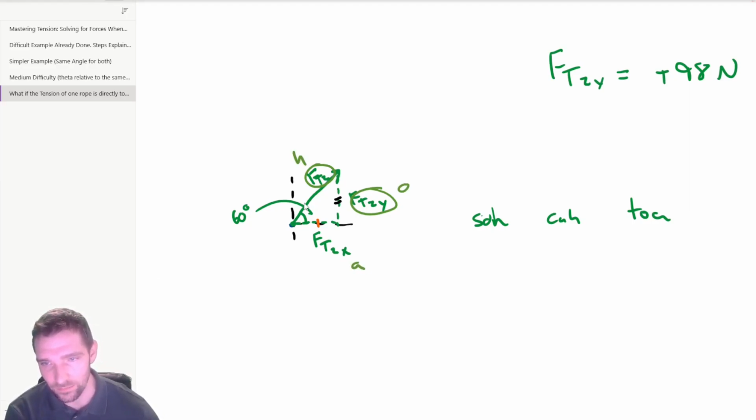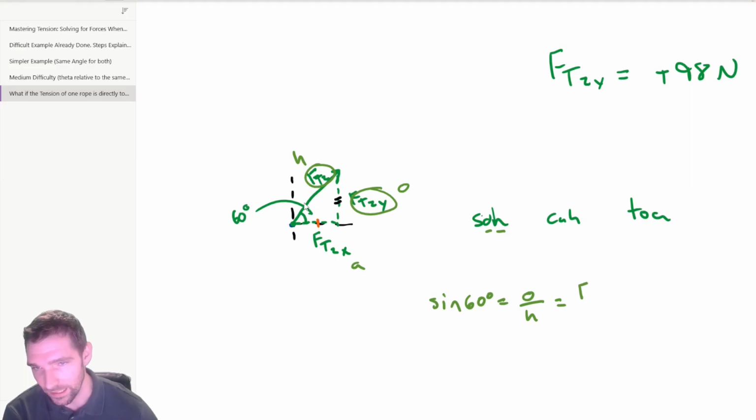And so we're going to end up wanting to do our sine here. So sine of 60 degrees is going to be equal to opposite over hypotenuse. Or in this context of this problem, that would be my Ft2y, which we already have, over the Ft2. So I know that the Ft2 in the y was 98 newtons.